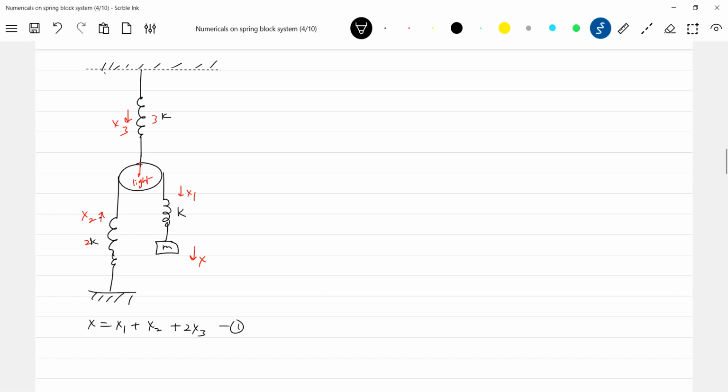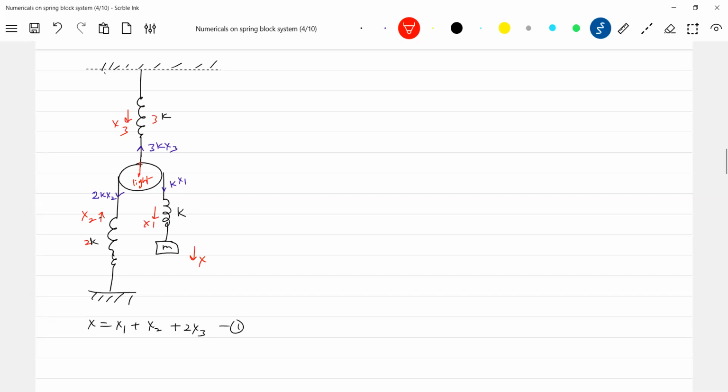Now, how much spring force will act here? 3kx3. Then how much here? The spring force acting will be 2kx2 here and kx1. This much is what we have. Okay, what all equations?